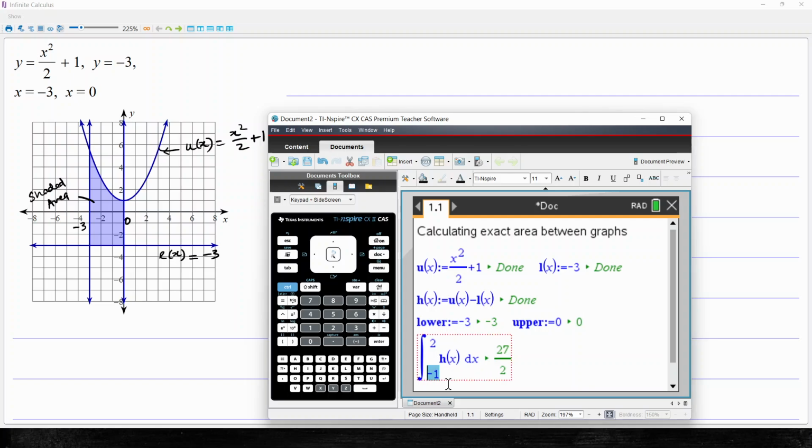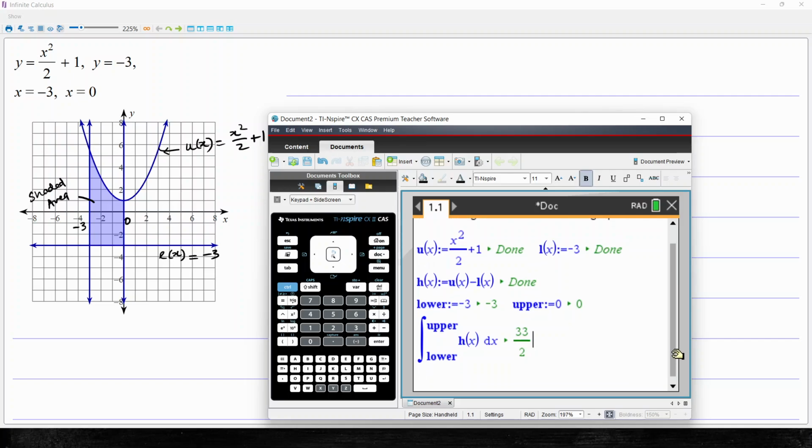In order to calculate automatically for other graphs, we'll just use lower and upper variable names. And this gives us the area of 33/2.